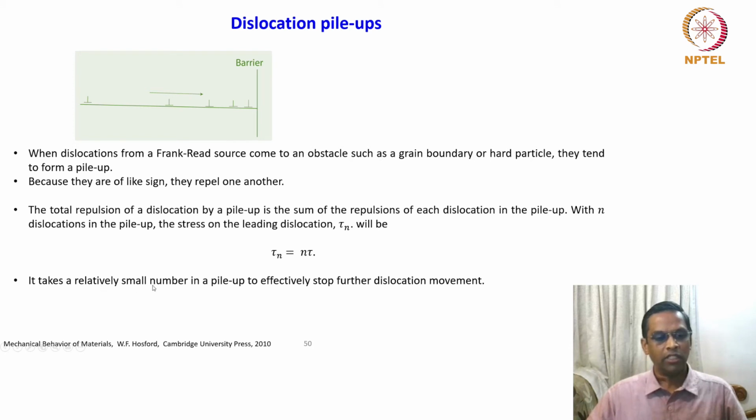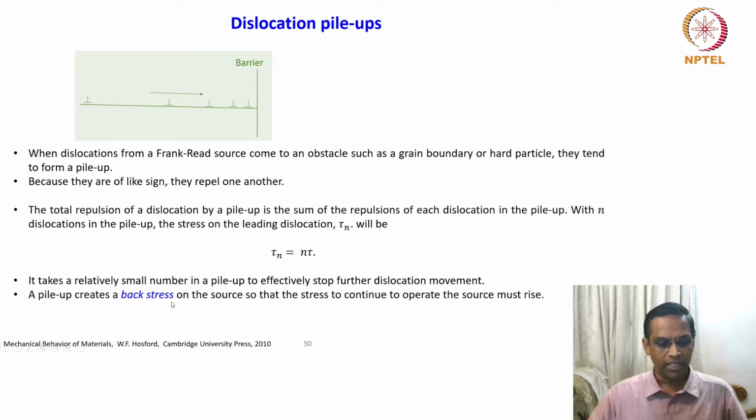It takes a relatively small number in a pile-up to effectively stop further dislocation movement. A pile-up creates a back stress on the source, so the stress to continue to operate the source must rise. This is a very important idea, the back stress.